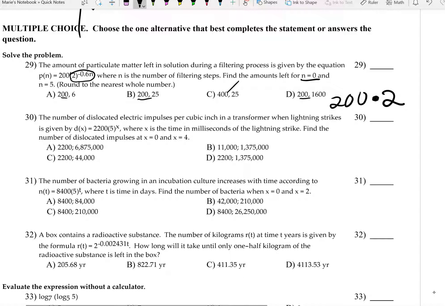This times 2 separates that function. So this becomes -6 times 5. And so you end up with negative 0.30, I believe, at the top, times 2 raised to that. And then 200 times this value ends up giving you 25. So B should be your answer for that one.